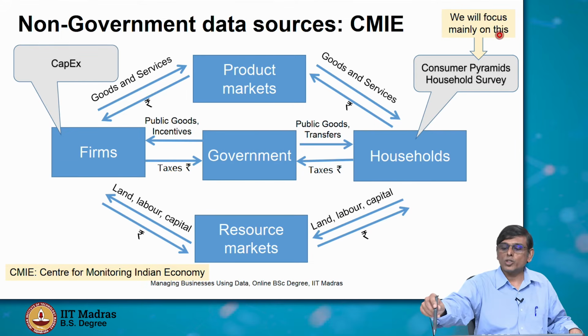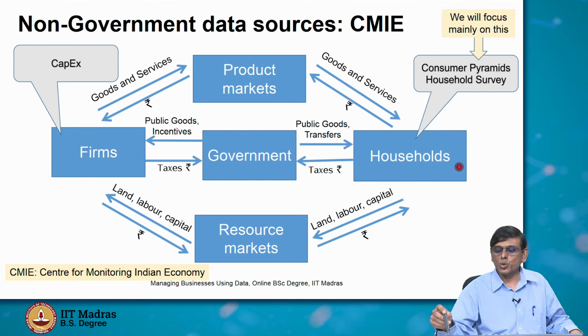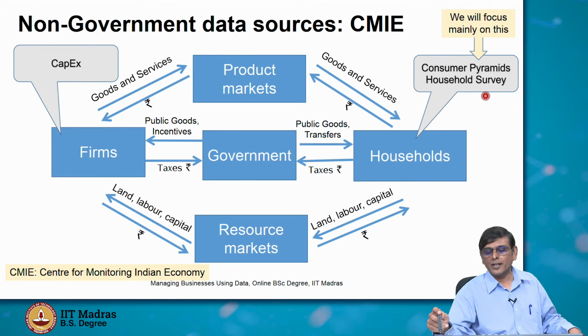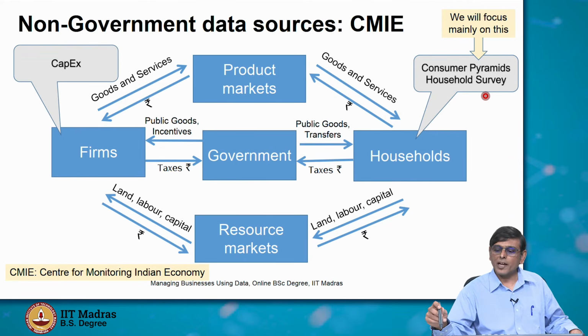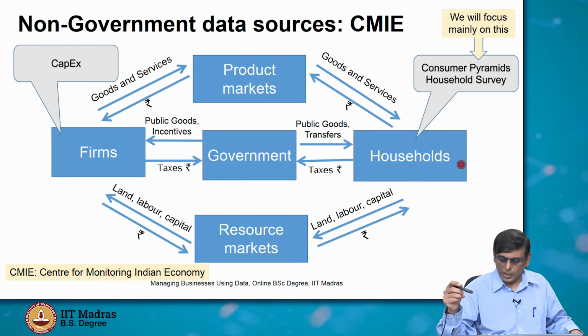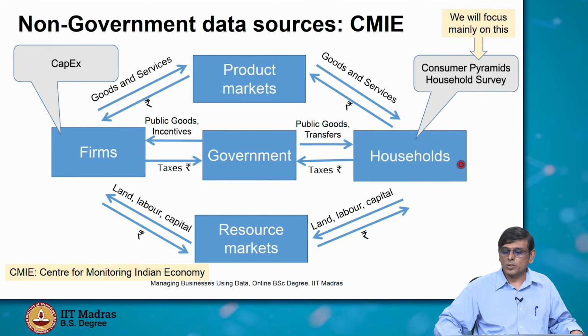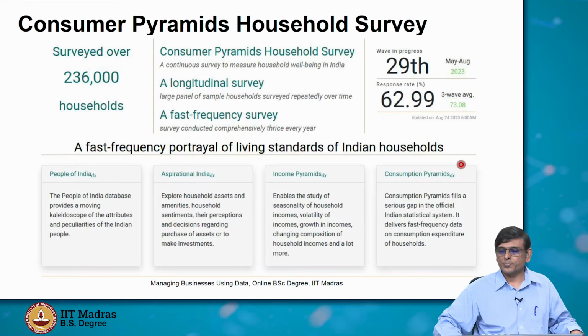So we will be mostly focused on this. In fact, I will show you how they do the survey, and in the next segment we will take the data that has come from the survey and go through it in great detail, so that you get a feel for what is going on.